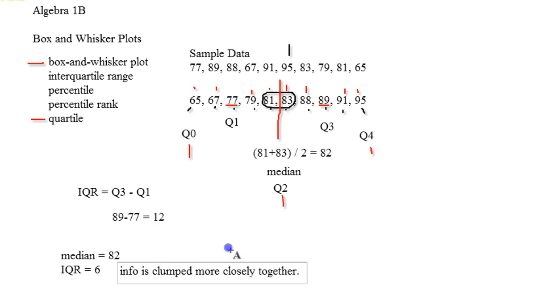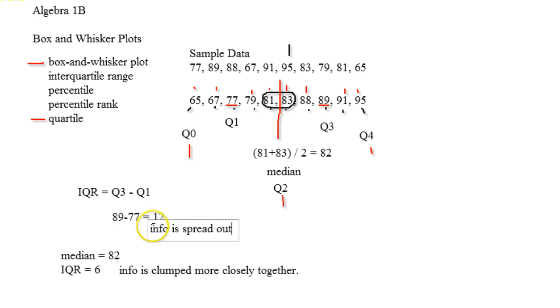And in that data set, this one's info is spread out. So the interquartile range can help you identify if data points are really close to each other or if they're spread out.